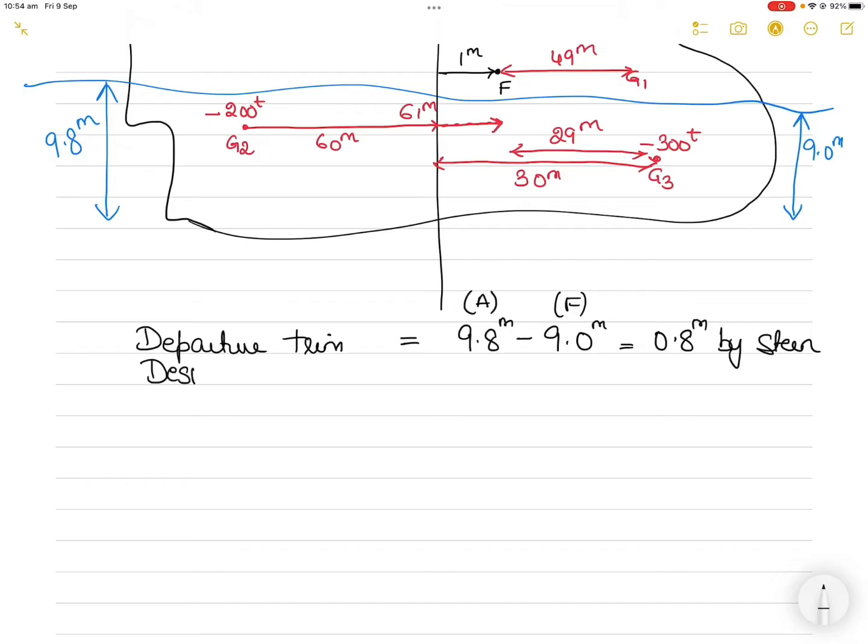Your desired trim, after you have consumed the fuel oil and the fresh water and transferred 150 tons of fresh water, will be 0.3 meters by stern. Again, this is given to you in the question.